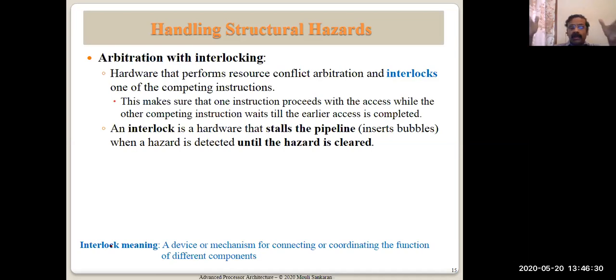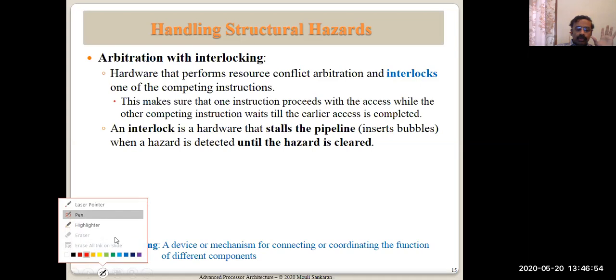Don't think that the whole pipeline will come to a standstill. It is not. Only the portion which is causing the hazard will be stopped, and the ones coming behind it. The stages which are ahead of it will proceed further. The CPU clock will be running and they will be going forward. You have to imagine those things clearly.